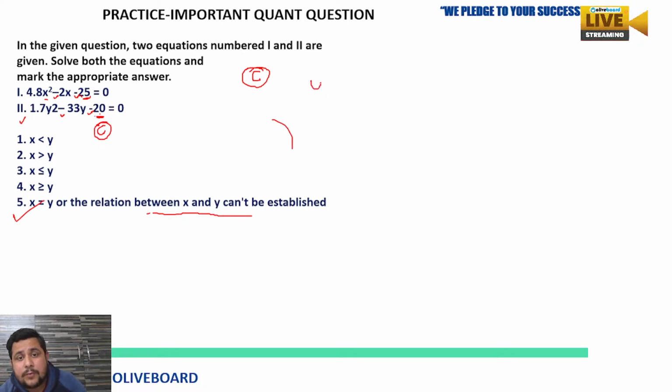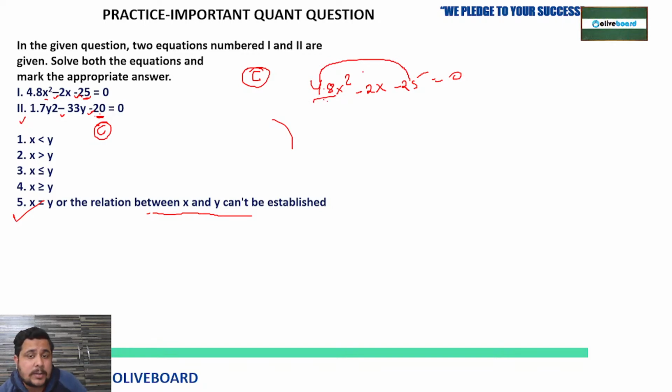See, 4.8x square minus 2x minus 25 equal to 0. So 25 into 4.8, how will you calculate it? 4.8 into 10, what will you get? 48, yes.